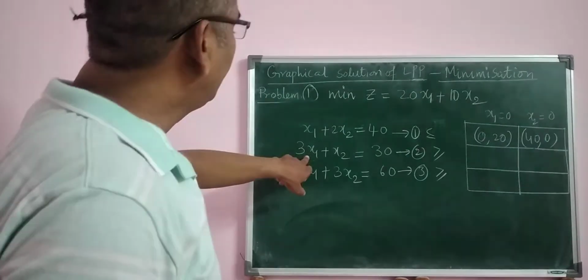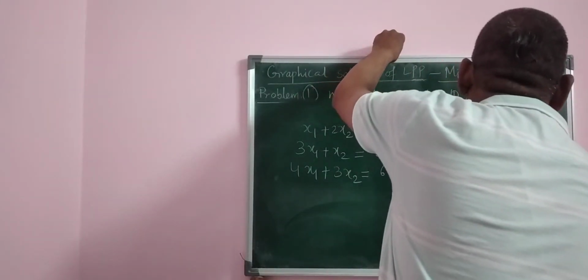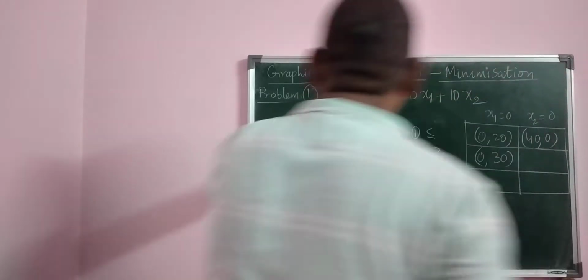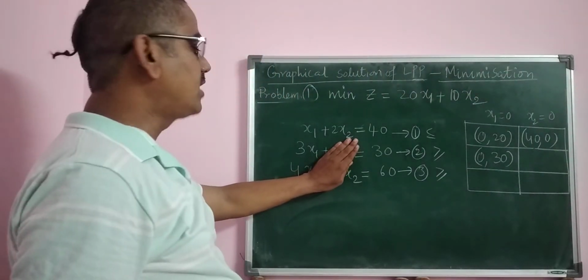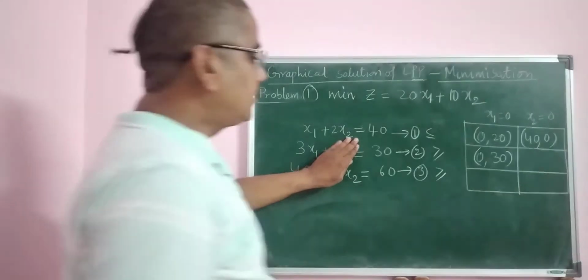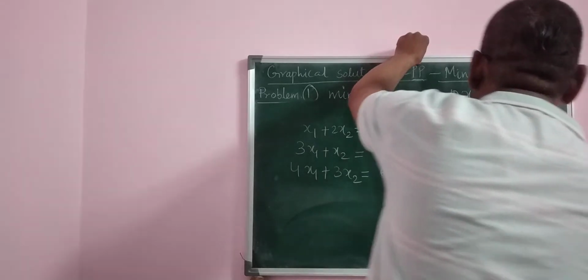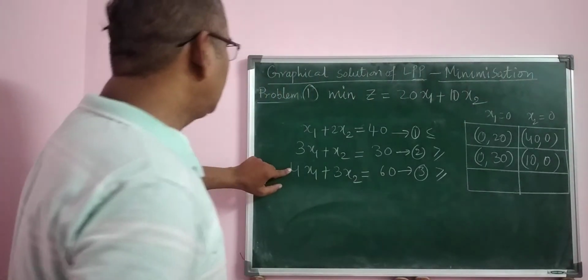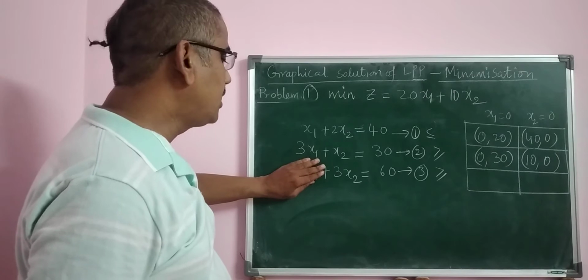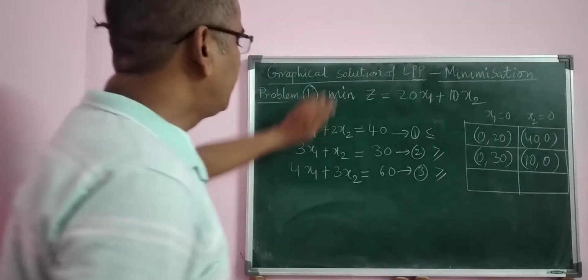Similarly, for the second equation, if x1 is 0, x2 is 30. So it is 0, 30. If x2 is equal to 0, 3x1 is equal to 30, x1 is equal to 30 by 3, 10. So 10, 0. Now take the third equation. If x1 is 0, 3x2 is equal to 60, x2 is equal to 60 by 3, it is 20.